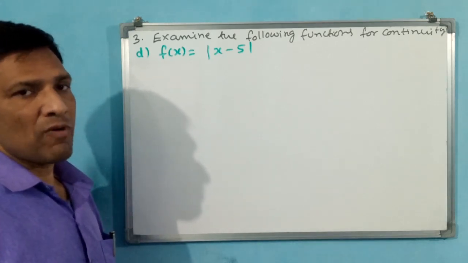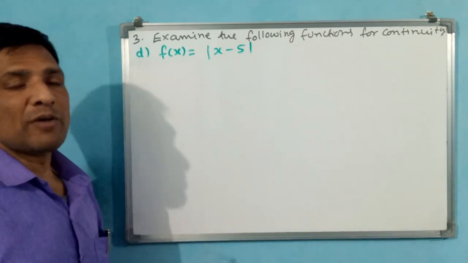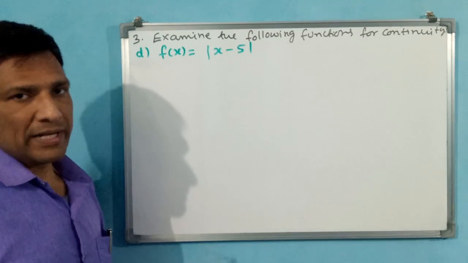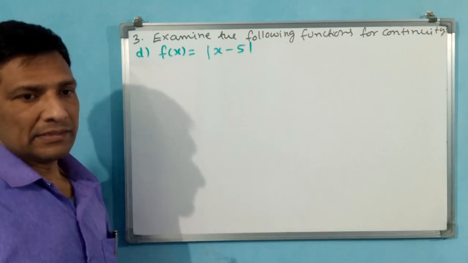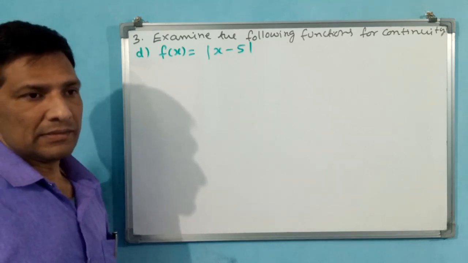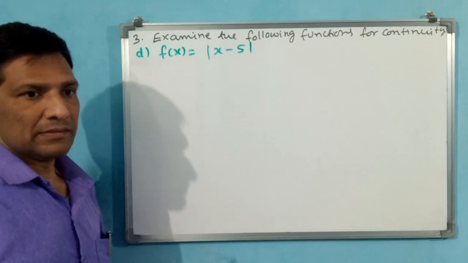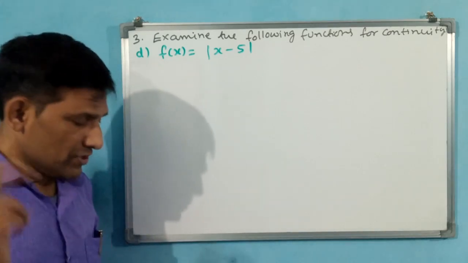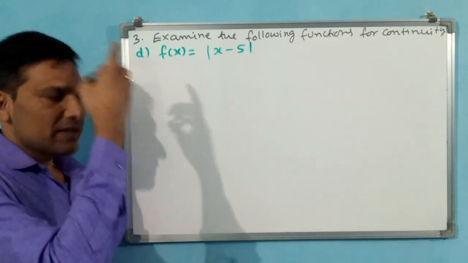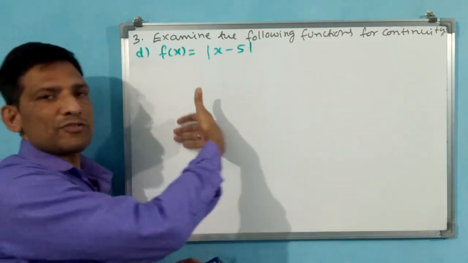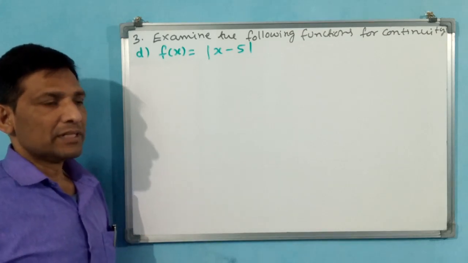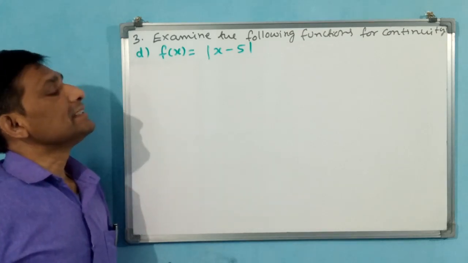Because the examiner wants us to do some examination, then only he may give marks to us. Then how to write it? Any value you can take. 5 you can take, 5 minus 5 is 0. Defined; undefined should not come.